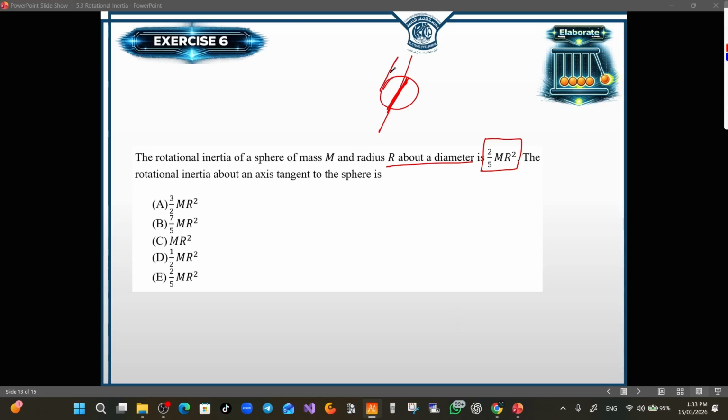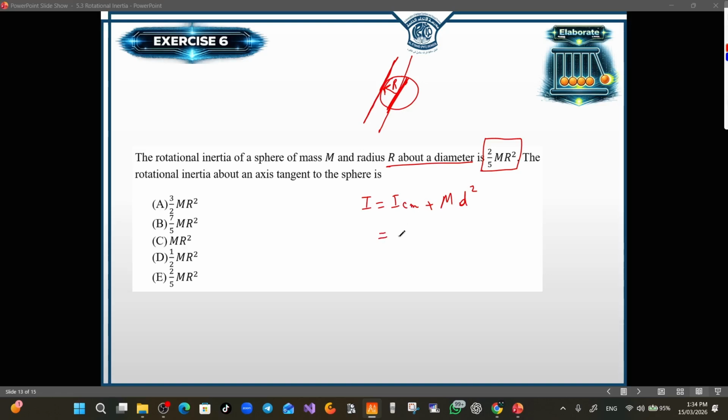So what will happen to the moment of inertia if we shift the axis of rotation to be tangent to the sphere? So we have moved it a distance r, since from the center to the edge, the distance will be equal to the radius, and the radius here is capital R. Again, whenever we have shifted the axis of rotation, the parallel axis theorem will help me to find the new moment of inertia, and it's written as I center of mass plus m d squared.